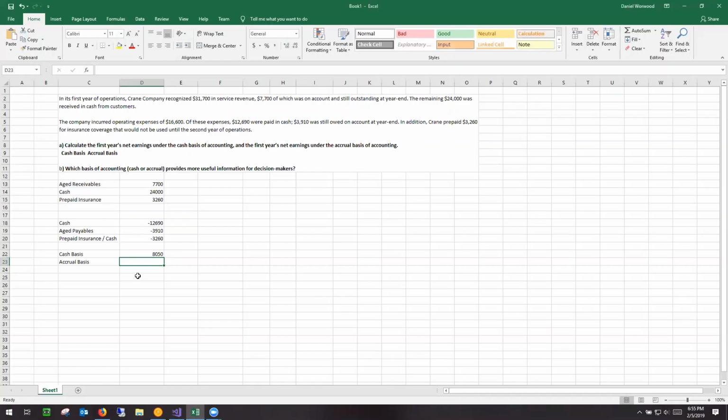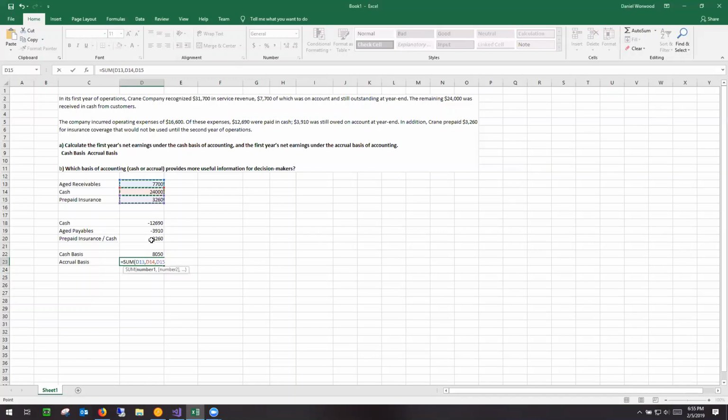Now, if we're doing it on an accrual basis, it's going to look a little bit different because we've got to factor in their aged receivables, any assets they have, and so forth. So this is what we're given. So rather than just summing the cash accounts, we can sum all of them. So let's do our aged receivables, our cash, our prepaid insurance.